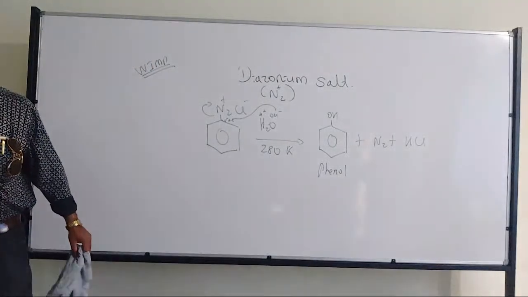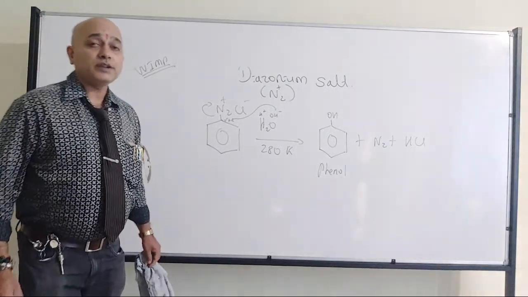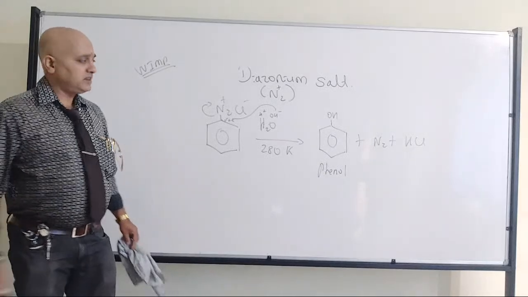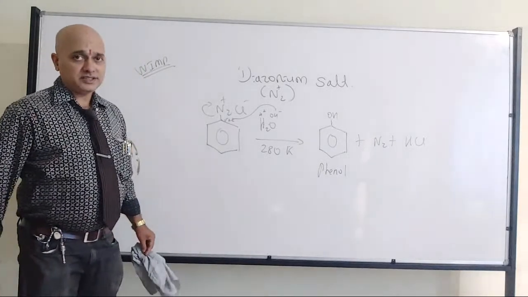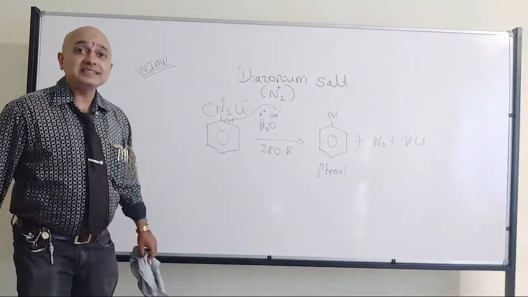All of you have understood? So this is what will happen if benzene diazonium chloride is exposed to a bit of high temperature, not even high temperature, even room temperature. They will get hydrolyzed and there will be formation of phenol. Very easy method.